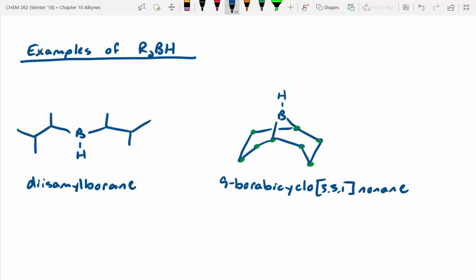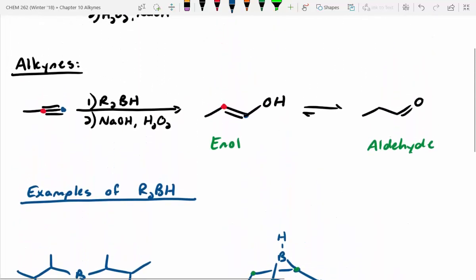Why do you think they're using these wacky reagents that are super bulky? Does anybody have an idea? Let's think about it this way. Let's look back up here. What do you think will happen to the enol if we use borane? The enol still has an alkene in it. It could react with a second equivalent of borane, and then all of a sudden you've got everything gummed up.